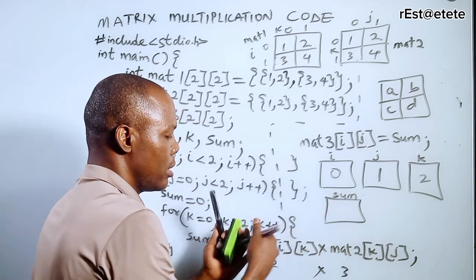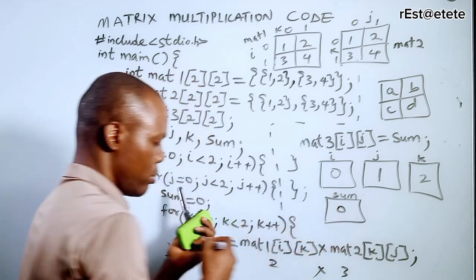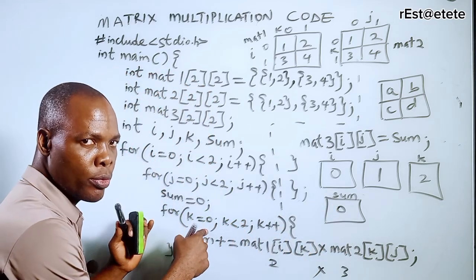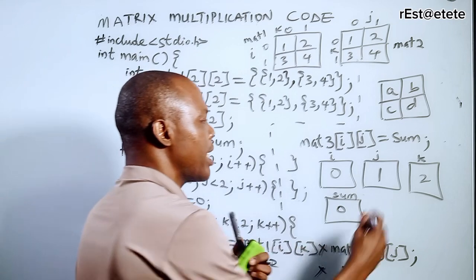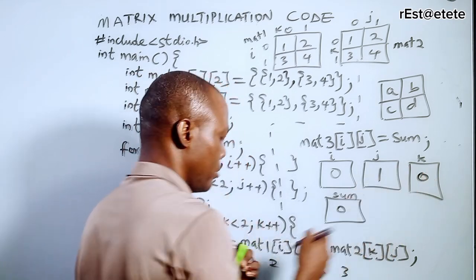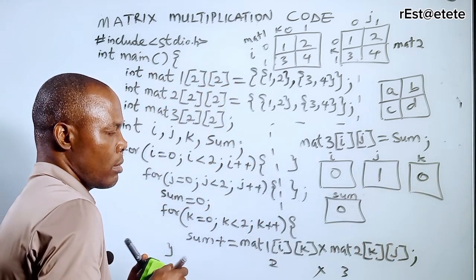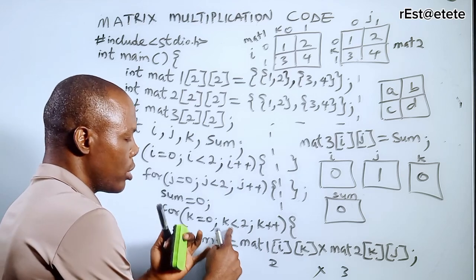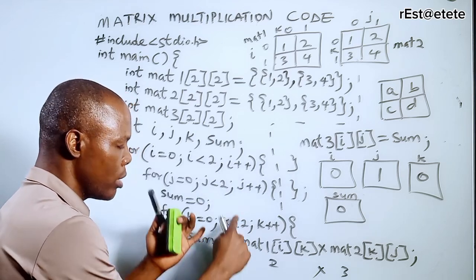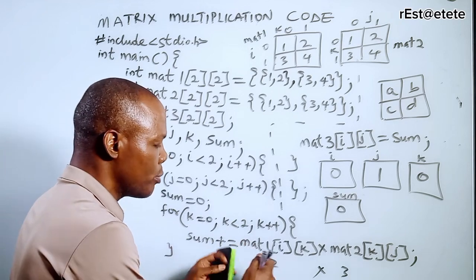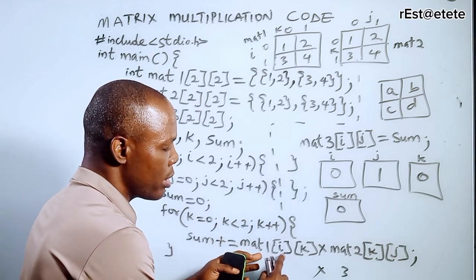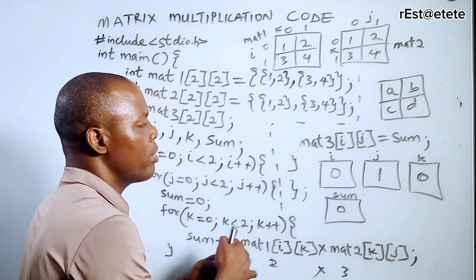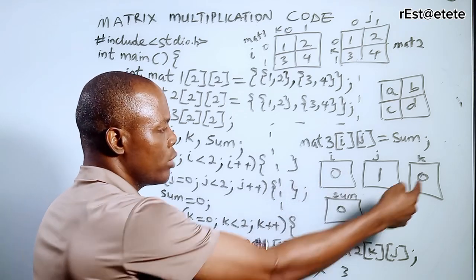So this place becomes 0 before you enter the K loop. When you enter the K loop, you assign 0 back to K. Right? Then you test the condition. 0 less than 2. That is true. Then you come in. So at this point, we have mat1[I][K]. What is I? I is 0. K is what? 0.